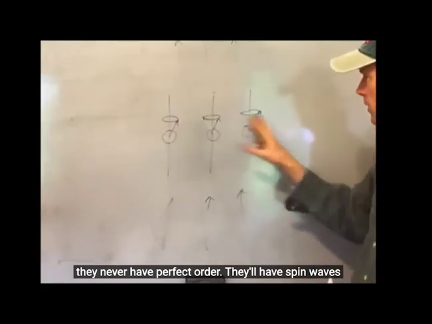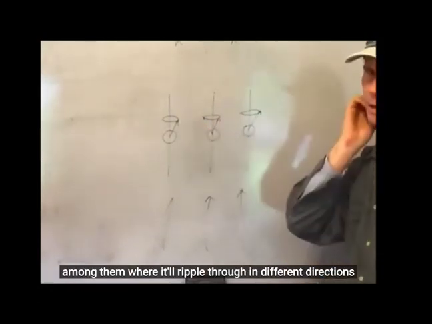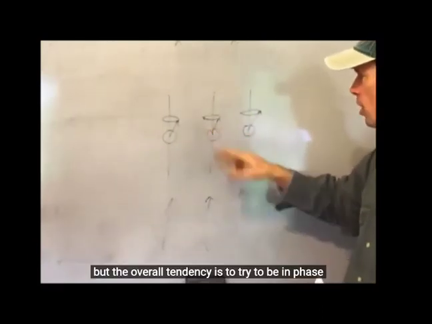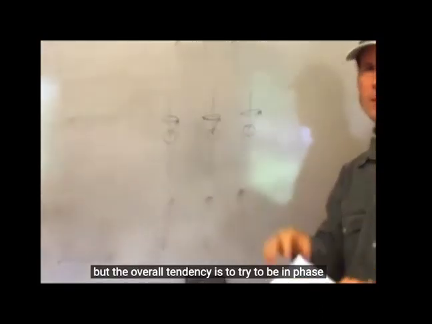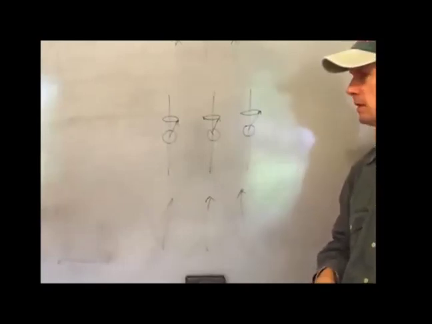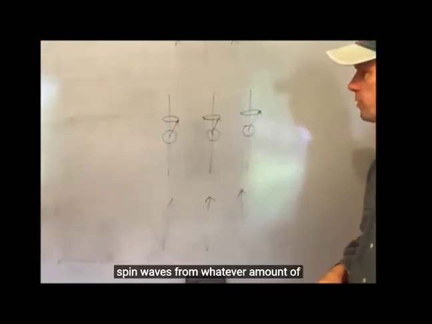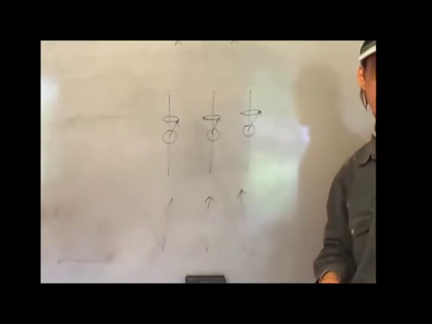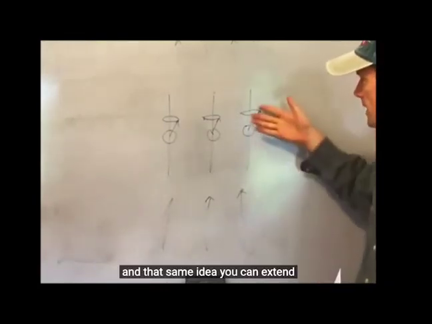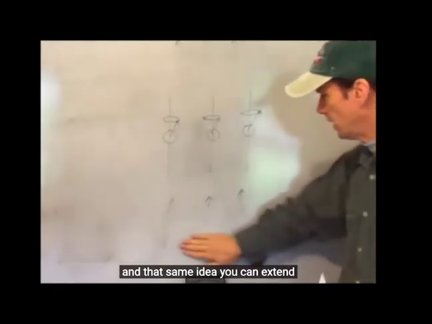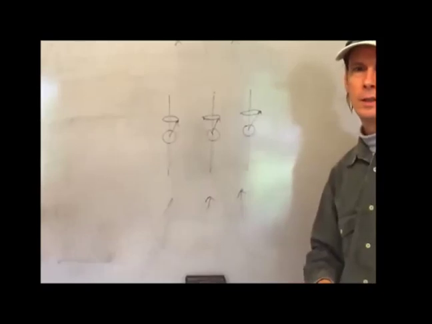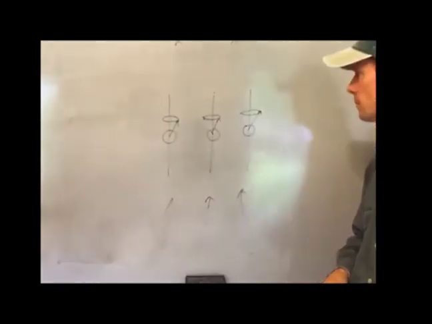There'll be spin waves among them where it'll ripple through in different directions, but the overall tendency is to try to be in phase, even though there's some amount of spin waves from whatever amount of phase differences they have between them. And that same idea you can extend from 2 dimensions into a 3-dimensional sample as well.